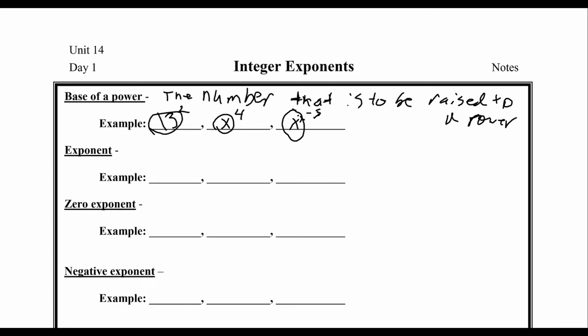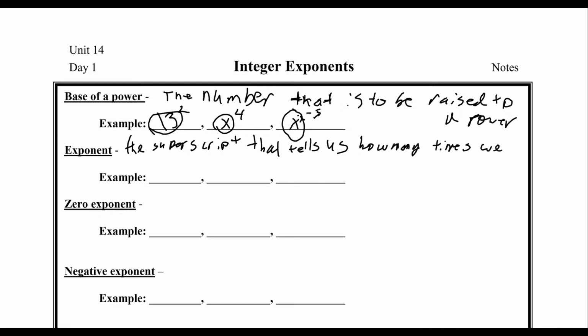Okay? Now, an exponent, okay? The exponent is the superscript that tells us how many times we will multiply the base by itself.